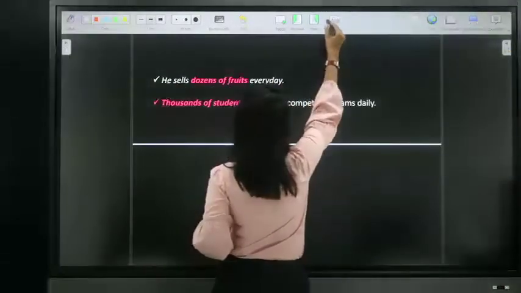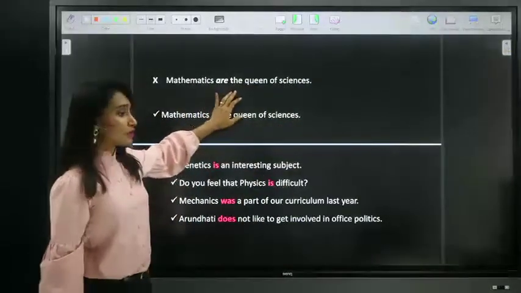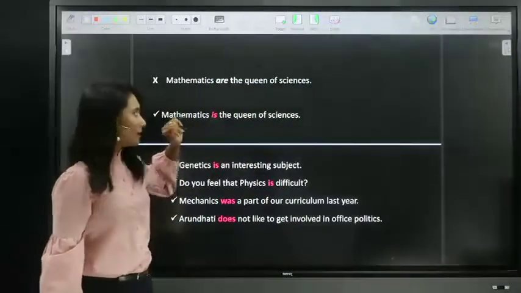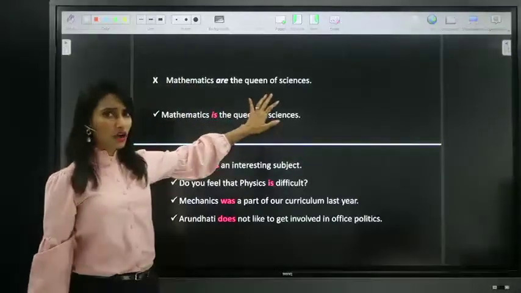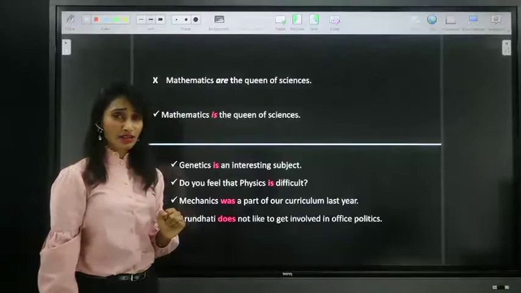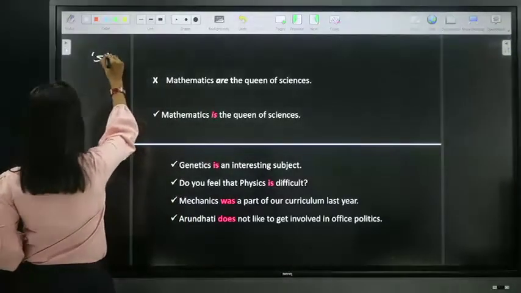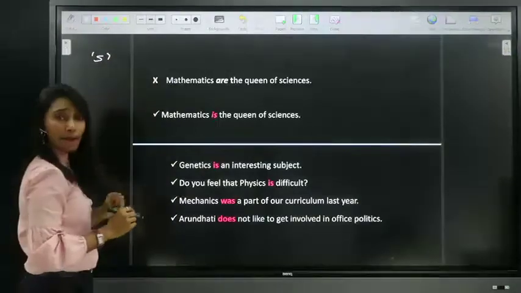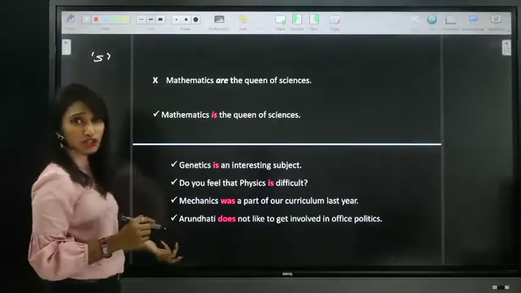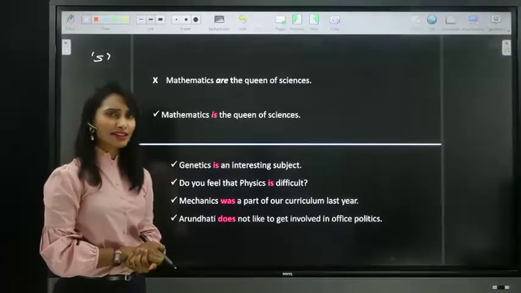Now let's see the next sentence. Look at this. Mathematics are the queen of sciences. We have discussed yesterday in set 15 that there are some words which always end with the letter S. Mathematics, physics, genetics, politics, right? Now, are they singular or plural?